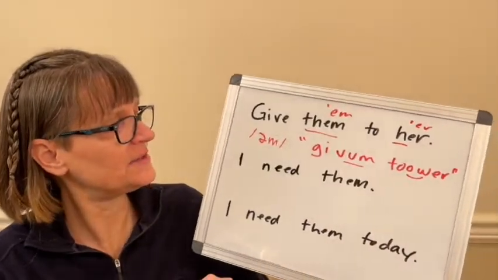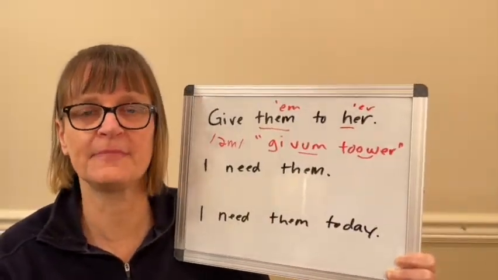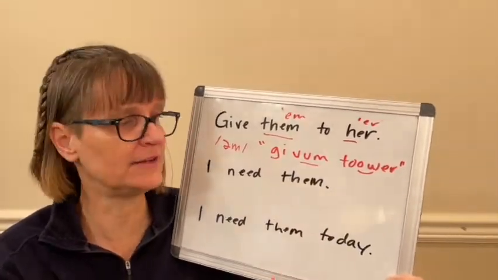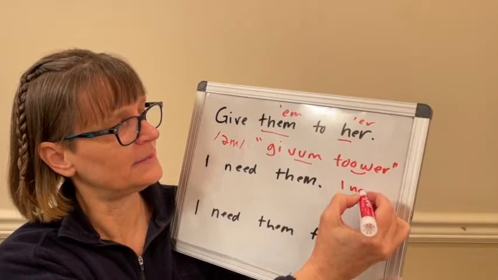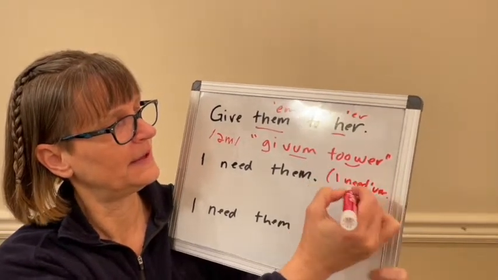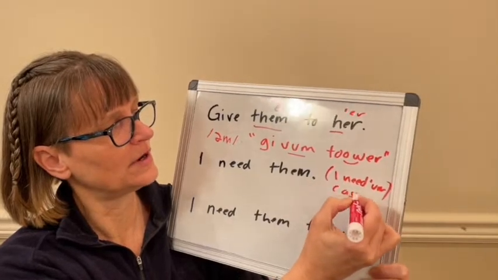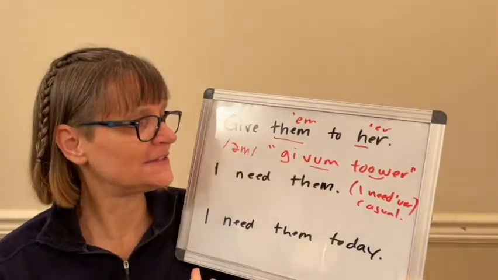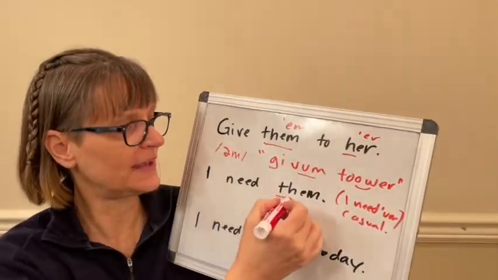And then if I'm saying, for example, "I need them," I can reduce that: "I need 'em." Saying "I need 'em" is a little bit more casual. That's because when "them" comes at the end of the sentence, it's the word that gets the stress.